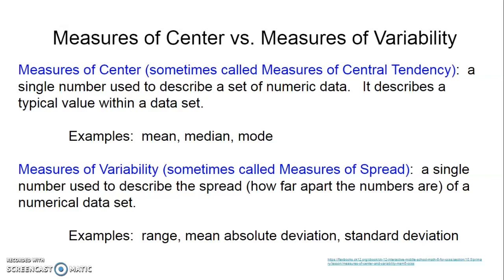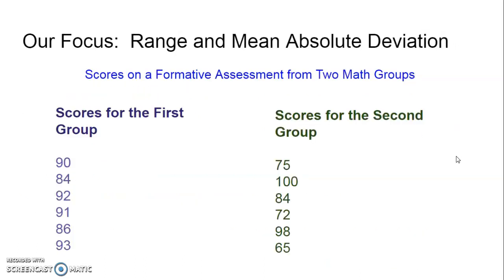We'll be talking about that today. Another very common one is called the standard deviation, which is something you'll get to in another course. But if you're interested in standard deviation, go ahead and take a look at that on your own. All right, so our focus is going to be on range and mean absolute deviation, and primarily mean absolute deviation.